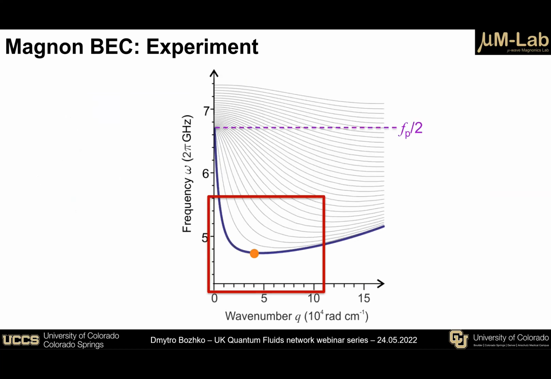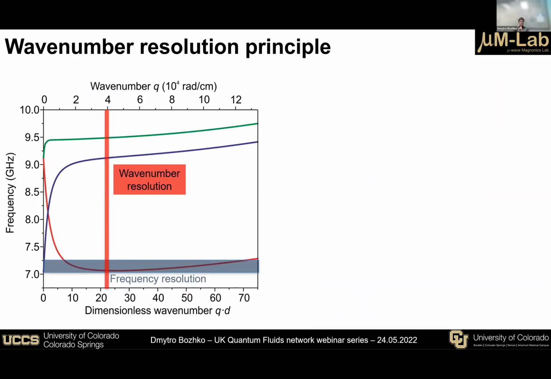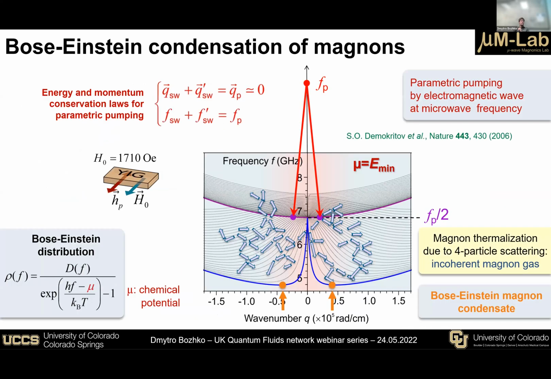When we originally pump with parametric pumping, we create a pretty much symmetric population of the magnon spectrum on both sides. And recent simulations show that if we populate the spectrum only on one side, we will create the condensate only on that one side. So I tend to think that we do have two condensates.